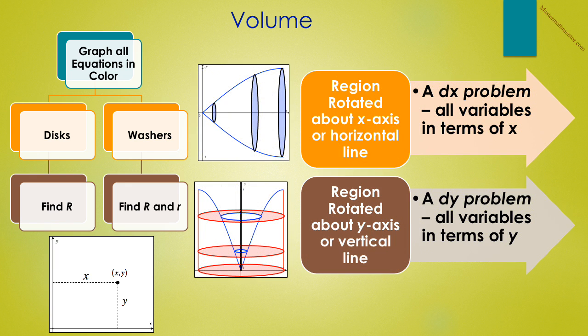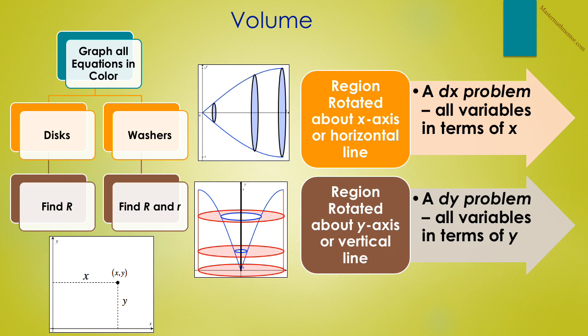Finally, even though you have represented capital R or capital R and little r in terms of x and y, they may not be the correct variable for the problem. If the region is rotated about the x-axis or any horizontal line, then the problem is a dx problem and all variables must be in terms of x.